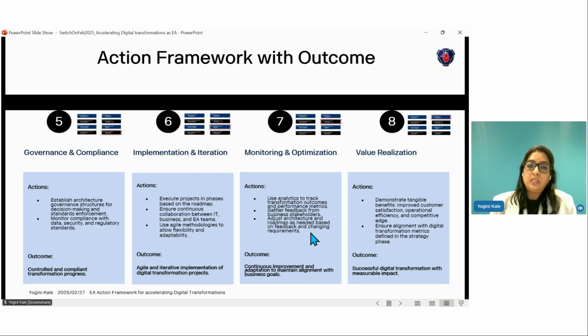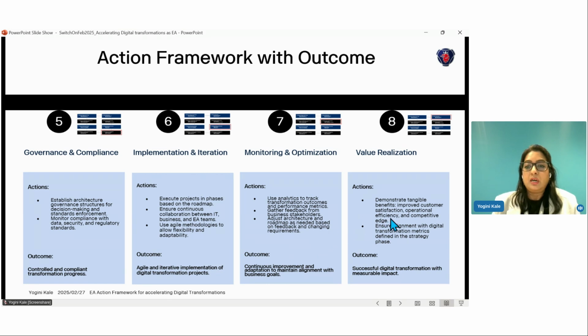And then finally, when it comes to monitoring and checking how far we have reached, use technologies such as analytics and measure the performance metrics and initiatives that you had defined in the first stage, gather feedback from your business stakeholders, see how relevant the transformation is, and then adjust the architecture accordingly, based on the feedback that you receive for the changing requirements.